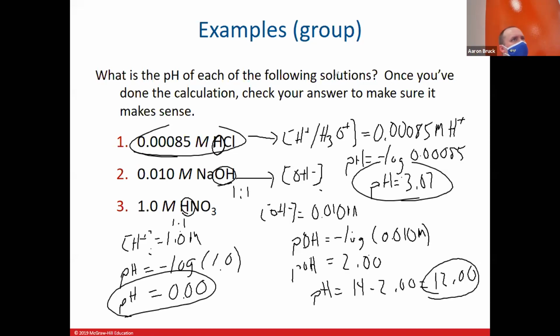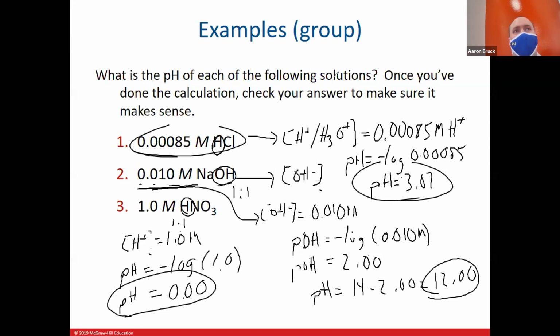Let's go through the answers here since we're just about out of time. I think where we're kind of struggling is, what do we do with the numbers? So in the case of number 2, we had 0.01 molar sodium hydroxide. I have to recognize that I get 1 hydroxide out of this for every molecule. What that means is that the concentration here would be the same as the concentration of the hydroxide.